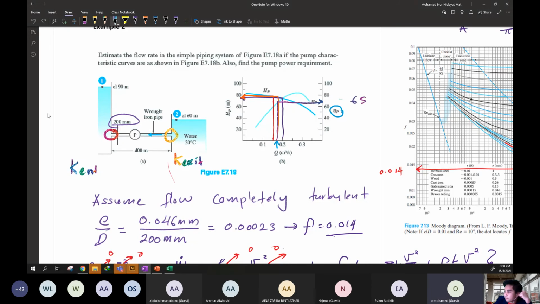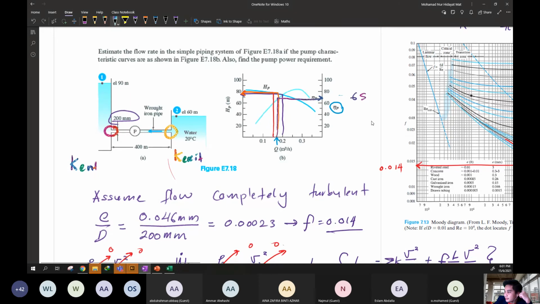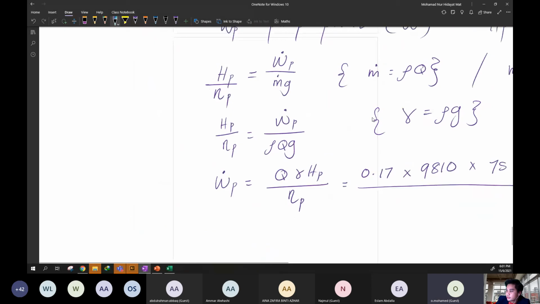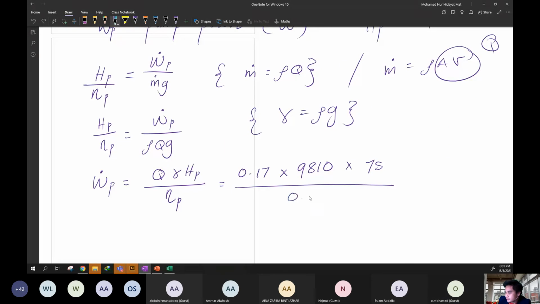So 65 percent is 0.65. Try to solve, you will get the value to be 198 kilowatt. That is the power requirement to overcome the major and minor loss.